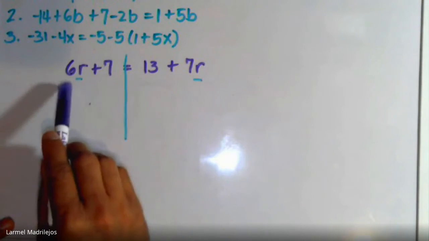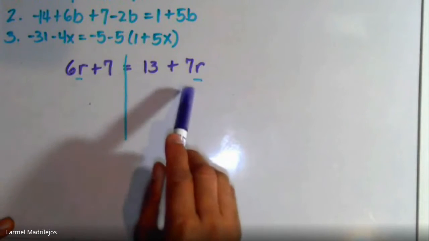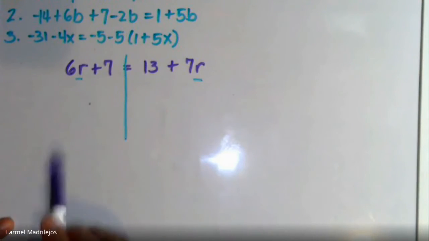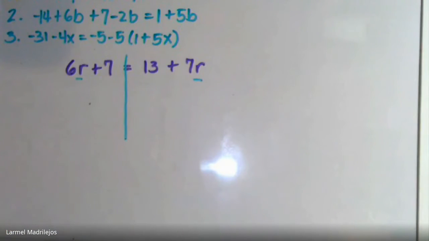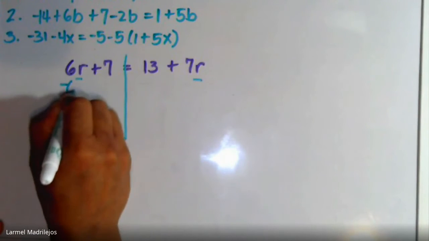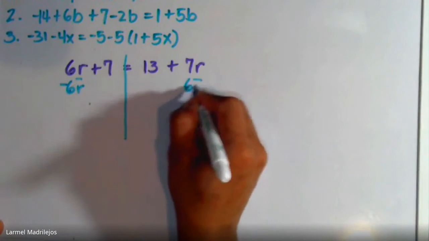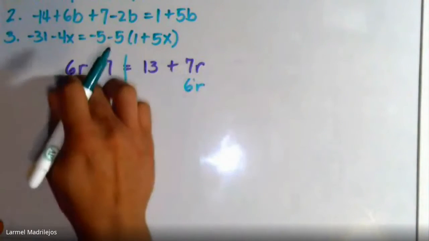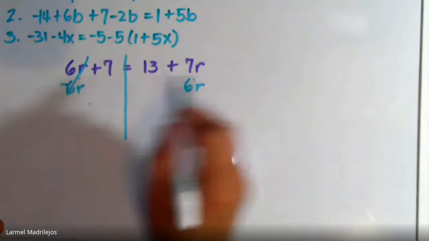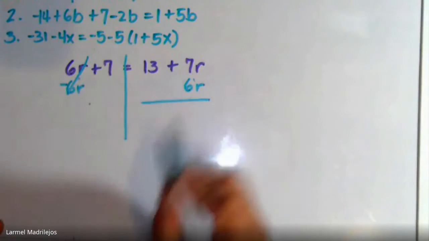So I move 6r to the other side of the equation, subtracting 6r. The reason I'm subtracting 6r is because I want my variable to be positive.